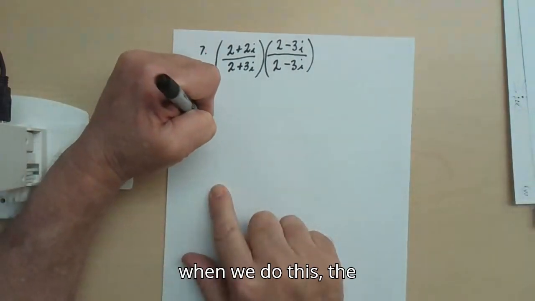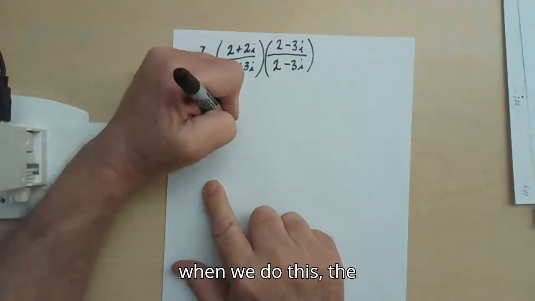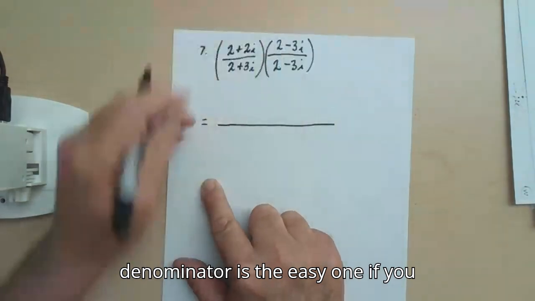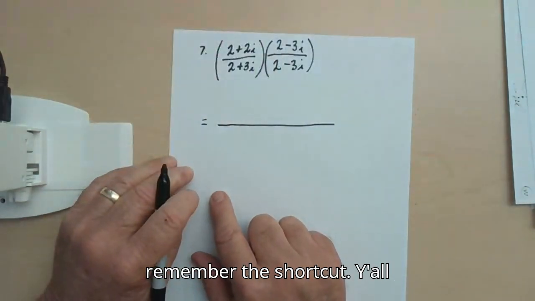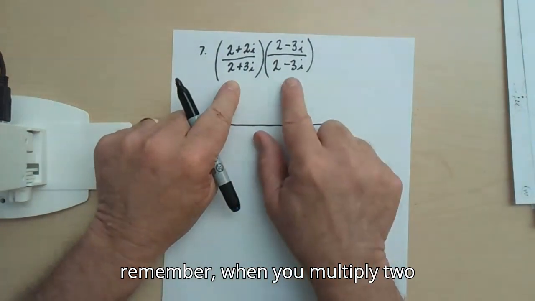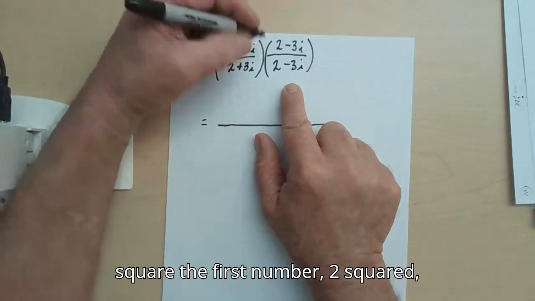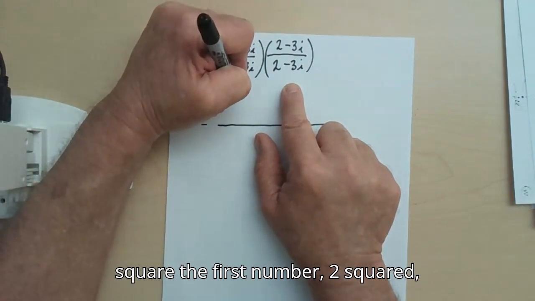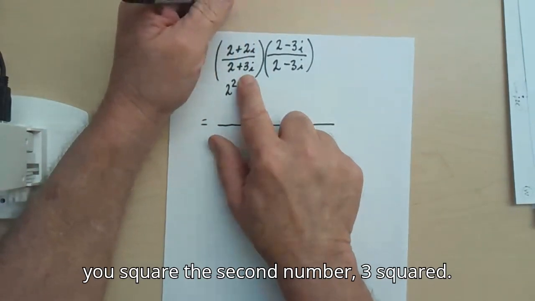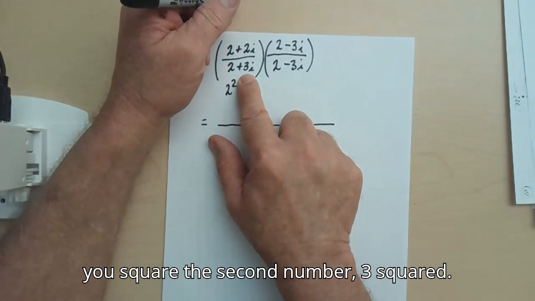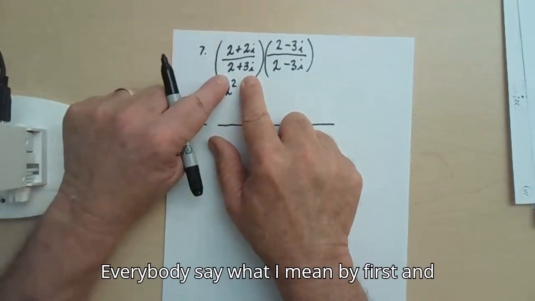So when we do this, the denominator's the easy one if you remember the shortcut. Y'all remember, when you multiply two complex numbers that are conjugates, all you do is square the first number, 2 squared. You square the second number, 3 squared. What do I mean by first and second number?